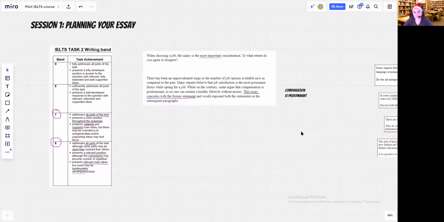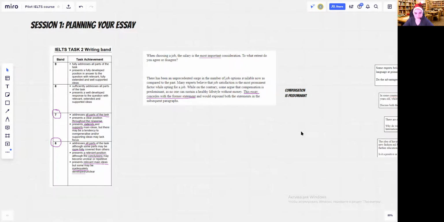But there is something else. Can you spot it? Can you spot something that the author included in the introduction, which is not in the task itself? Here is a hint. It's in the second sentence. Did you notice it?